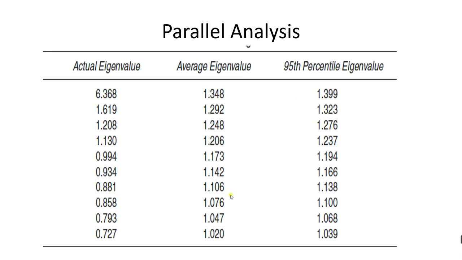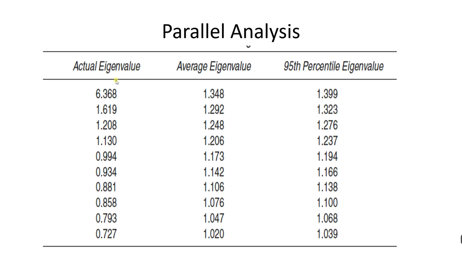But remember, these eigenvalues are not based on actual data, they are based on random data. And then we compare the actual eigenvalues with the eigenvalues obtained from random data, the chance data. Now let us compare here.